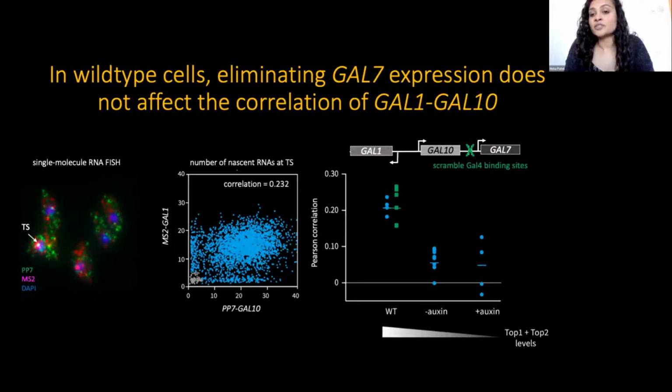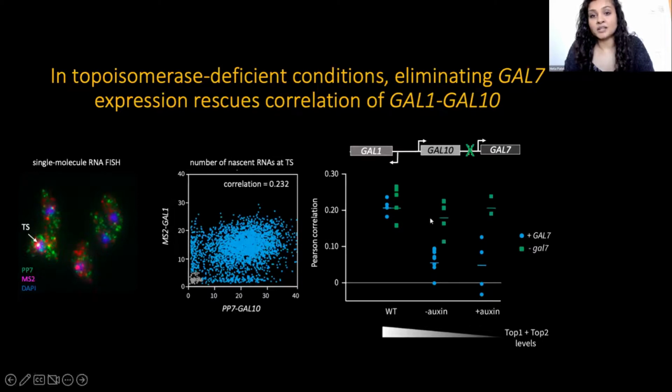But in topoisomerase deficient conditions, eliminating GAL7 expression actually rescues the correlation to wild type levels. So this indicates that in wild type conditions, yeast cells probably have sufficient levels of topoisomerases to minimize this inhibition. Whereas in topoisomerase deficient conditions, transcription generated supercoils from GAL7 are possibly inhibiting GAL10.